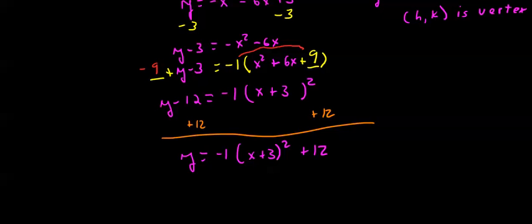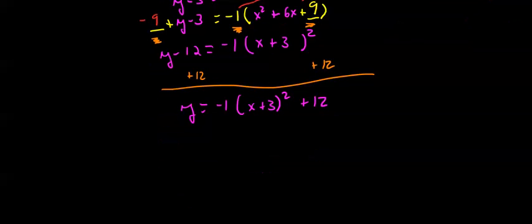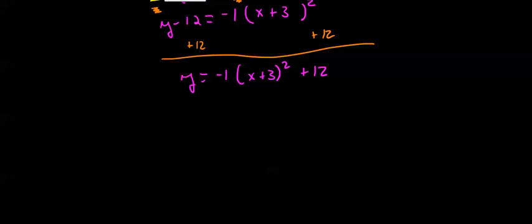All right? The only thing we did differently here is we had to factor out this -1, which means we didn't really add 9, we subtracted 9 because of this -1, so we did it over here also. All right, let's look at one more quick example, make sure we understand it good.